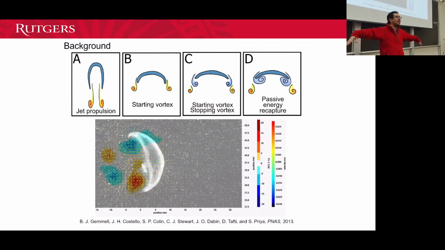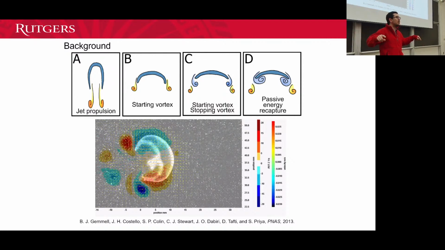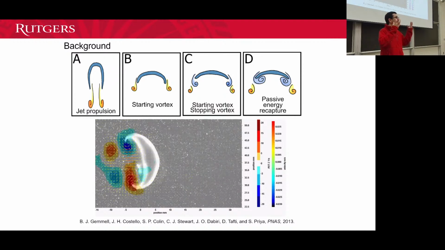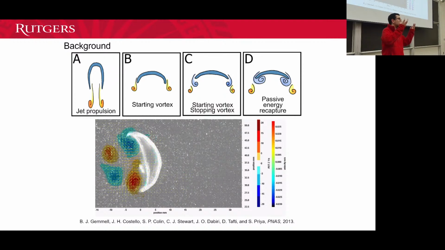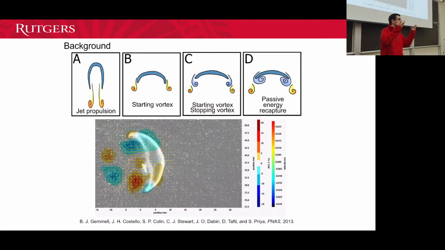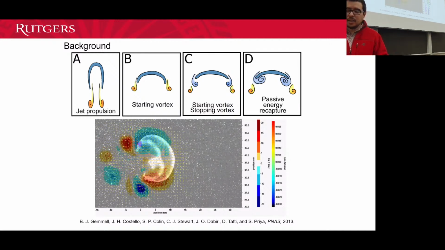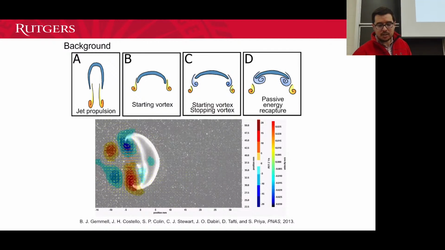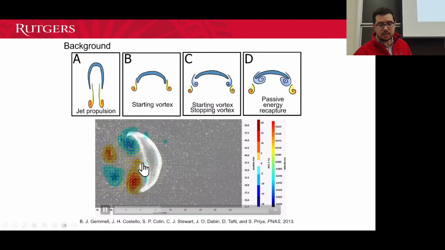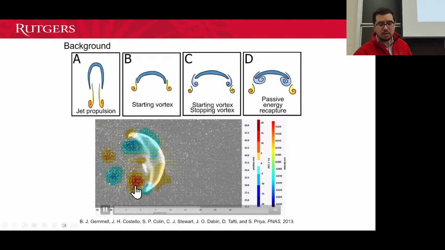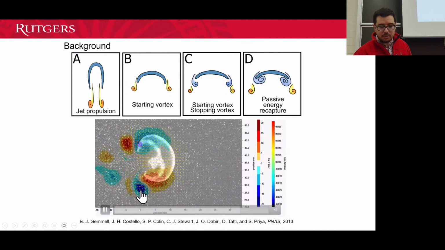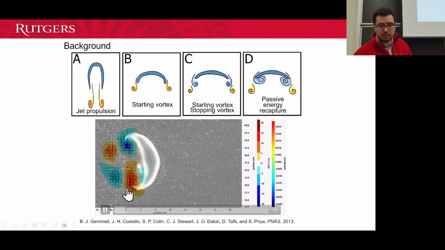As it's hanging out here, that stopping vortex comes up and hits the underside of the jellyfish and gives it a boost in velocity. Okay. And if you look at these graphics, what you see is the creation of the starting vortices.